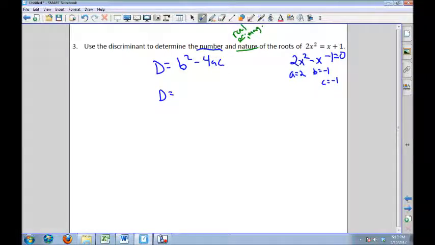I plug all this in, negative 1 squared minus 4 times a times c. My discriminant turns out to be 1 plus 8, which is 9. This is bigger than 0, so I will have 2 real solutions.